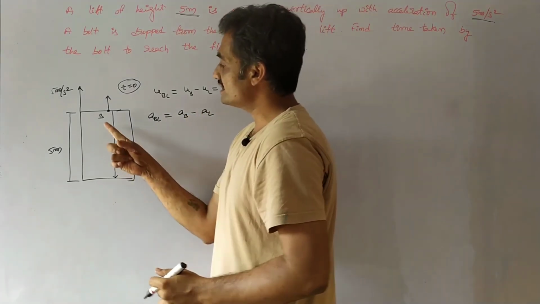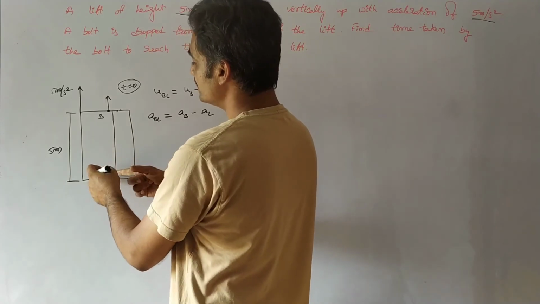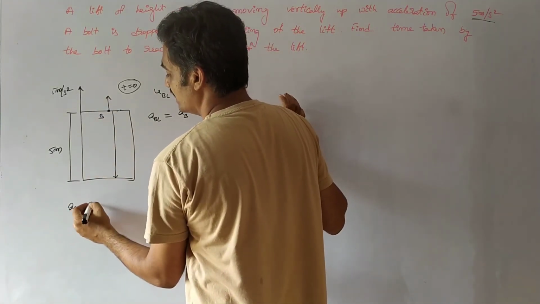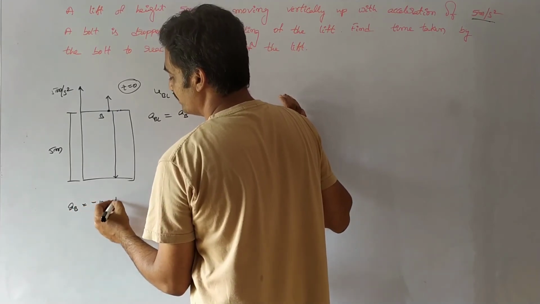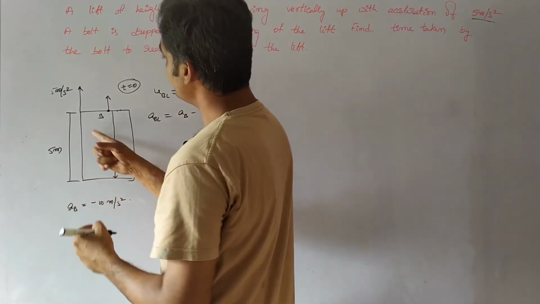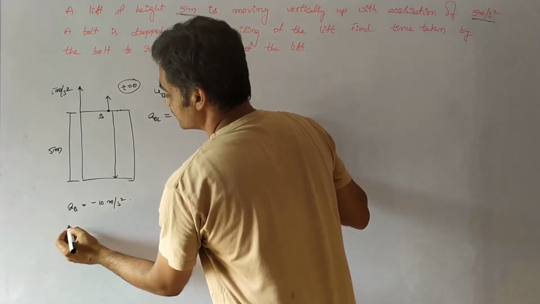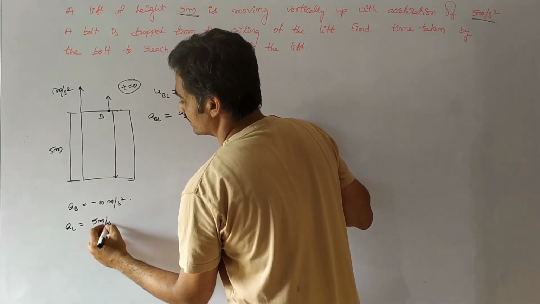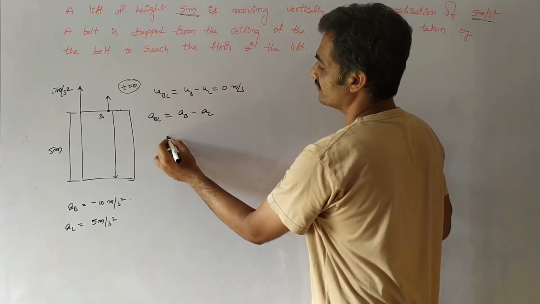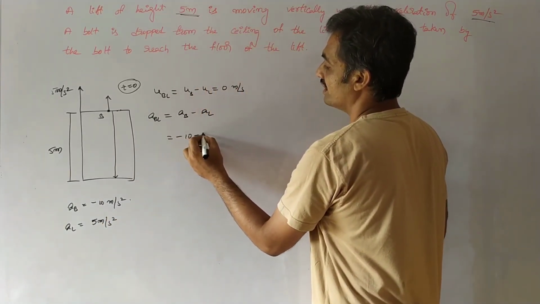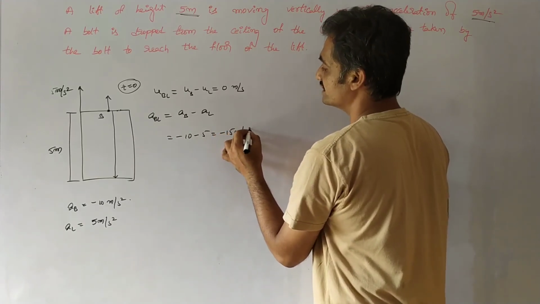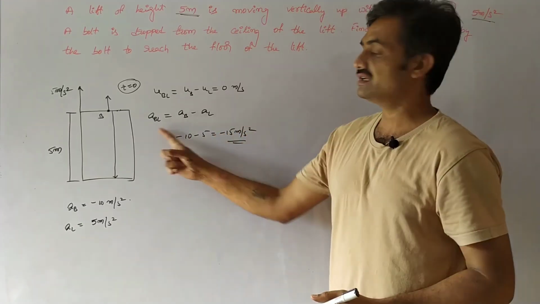The acceleration of the bolt is the acceleration due to gravity, minus 10 meters per second square. The lift is moving up with an acceleration of 5 meters per second square. Substituting, we have minus 10 minus 5, which is equal to minus 15 meters per second square. So this is the relative acceleration.